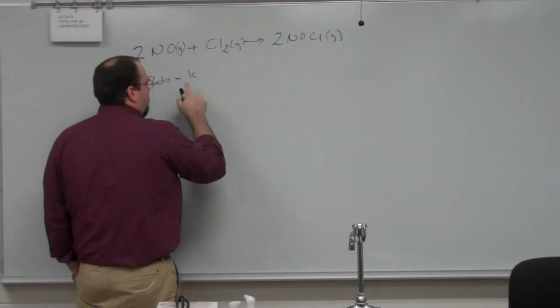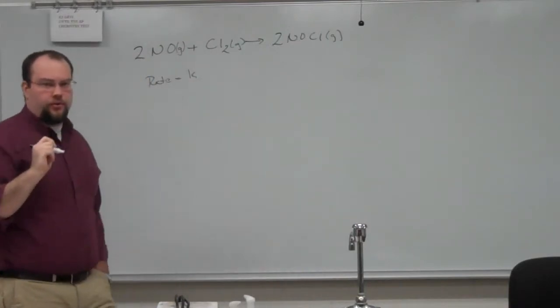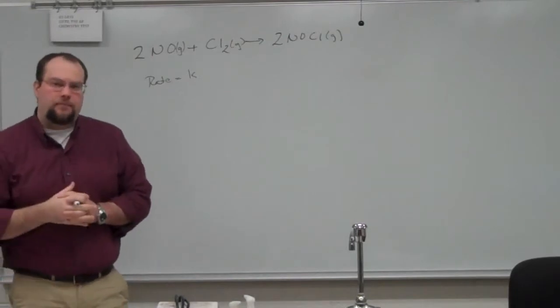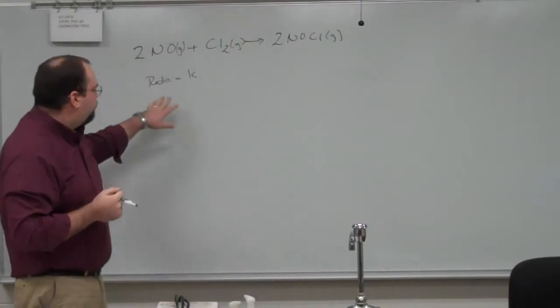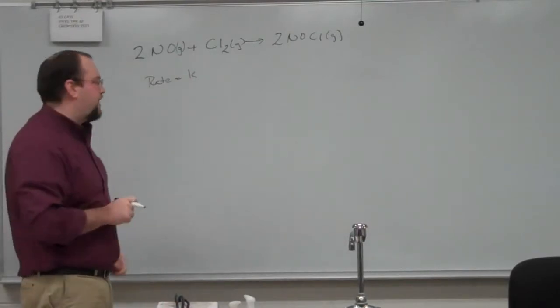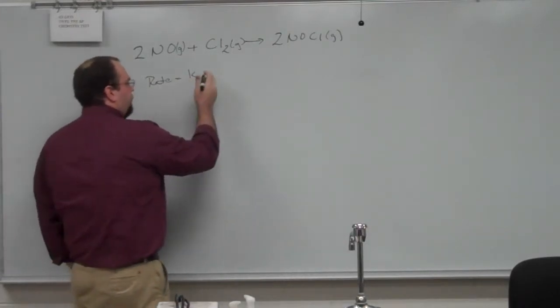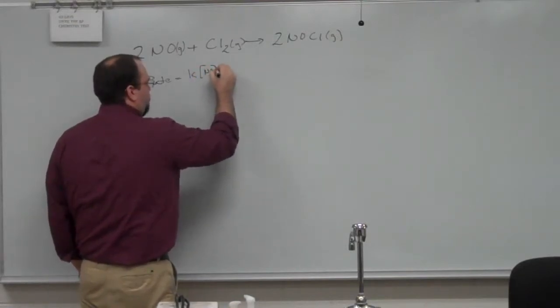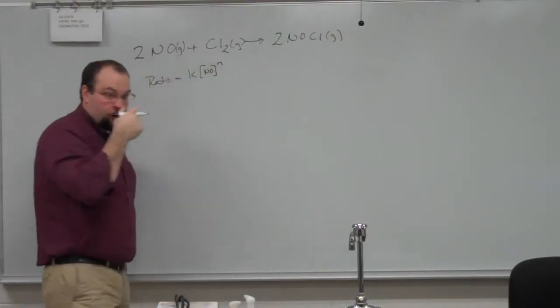equals K. Now K is called a reaction constant or a rate constant. It's almost like the y-intercept in the equation. It's just a constant to get the concentrations into rates. So I have K times the concentration of NO raised to some rate order.